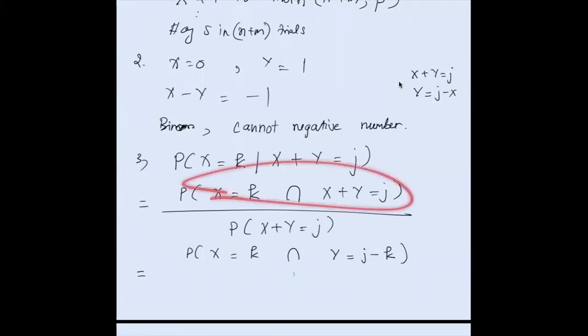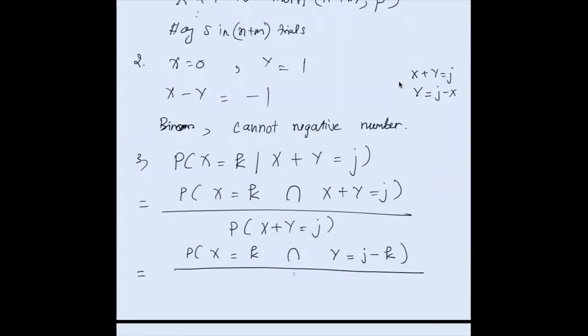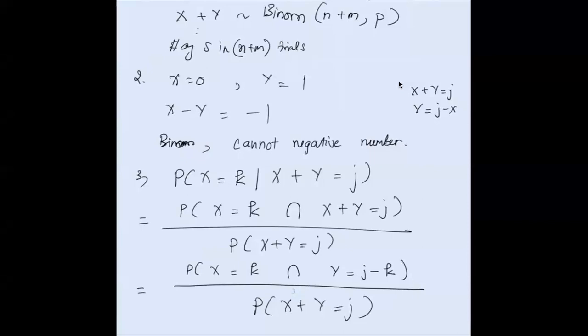These two events are equivalent. X equal to k and x plus y equal to j is the same as saying x equal to k and y equal to j minus k, divided by this one.